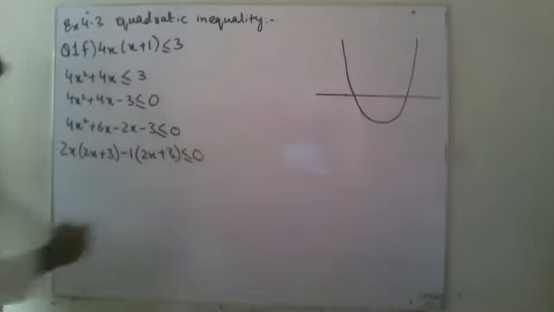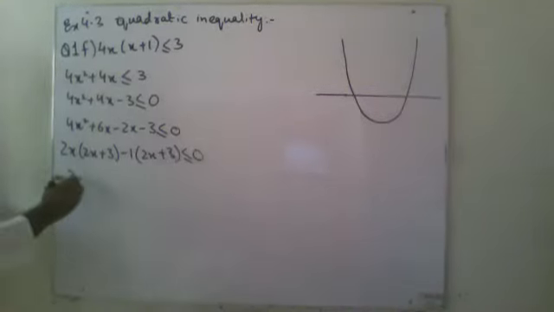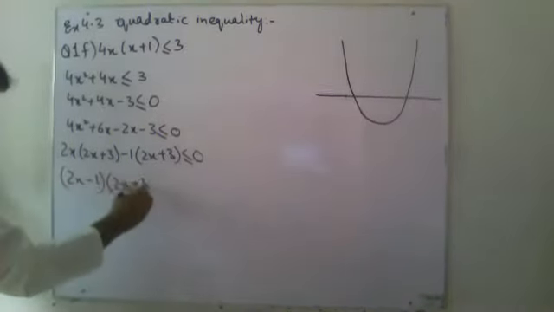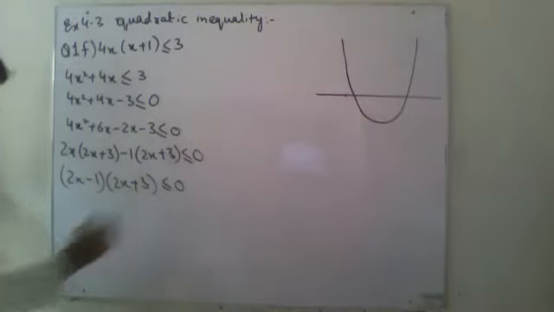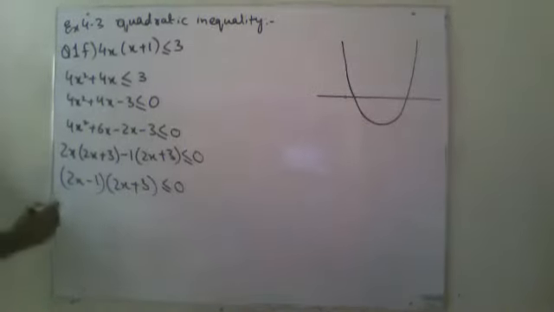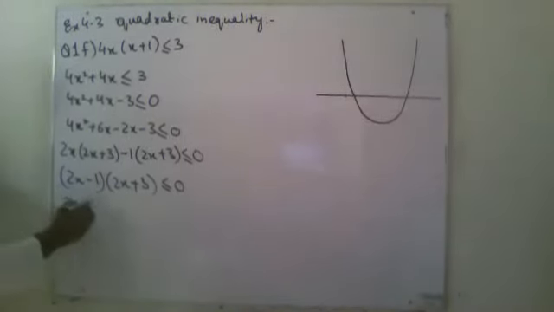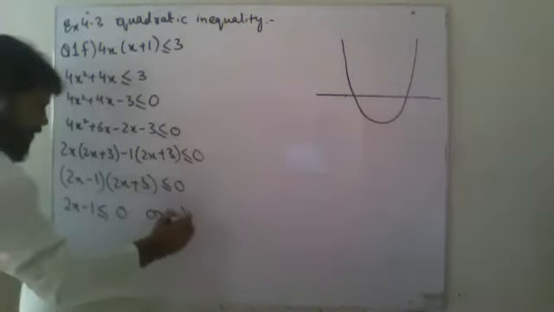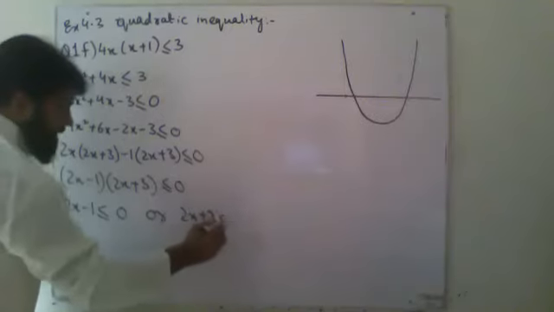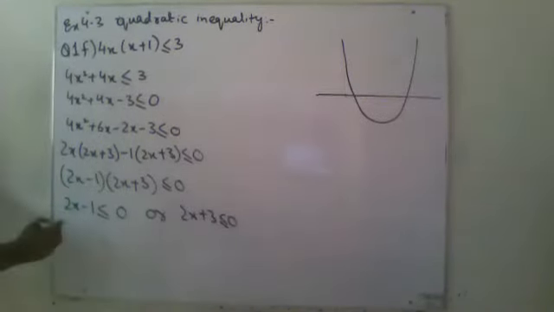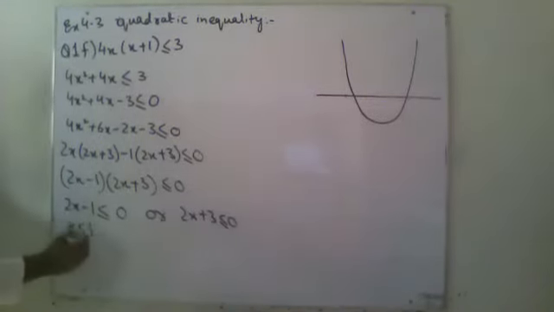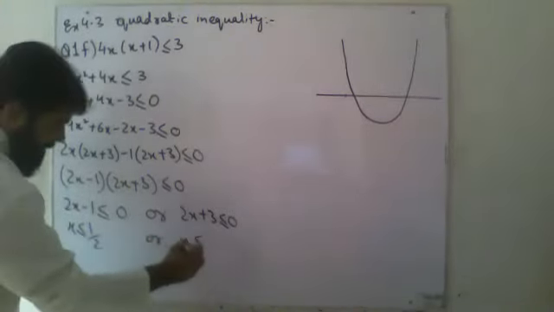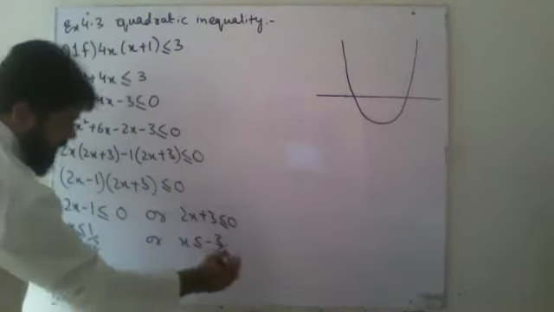So 2x minus 1, 2x plus 3 lesser than or equals to 0. Simplifying it, x is lesser than or equals to 1 over 2 or x is lesser than or equals to minus 3 over 2.